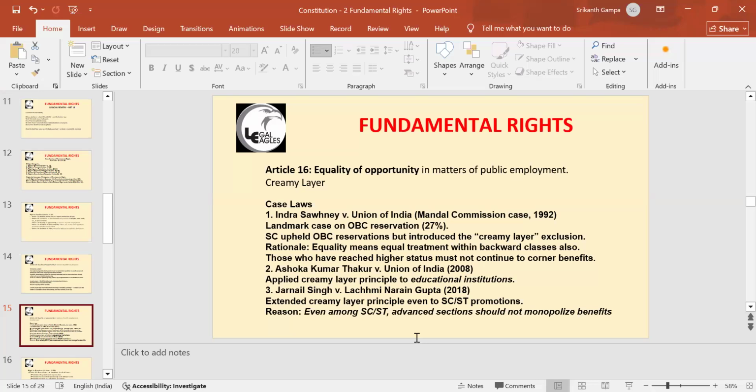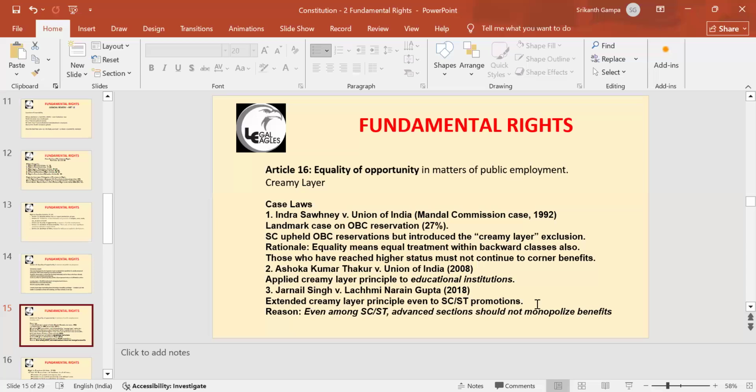Jarnail Singh versus Lakshmi Narayan Gupta in 2018 extended the creamy layer principle to SC/ST promotions, not for jobs, but for promotions only. The creamy layer concept is given for SC/ST promotions because they have already got the job. So they are on par with other people in a similar job.